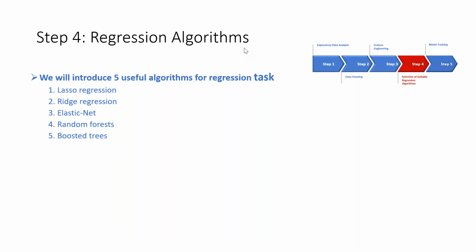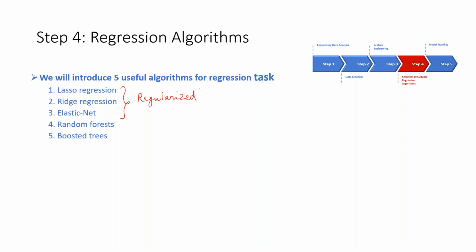Okay, so the first 3 of them are called regularized regression algorithms. Okay, what regularized means we will understand, but these are regularized regression algorithms. In fact, in our toy project we used a simple linear regression algorithm, and then we used the same simple linear regression algorithm with polynomial terms on our table.